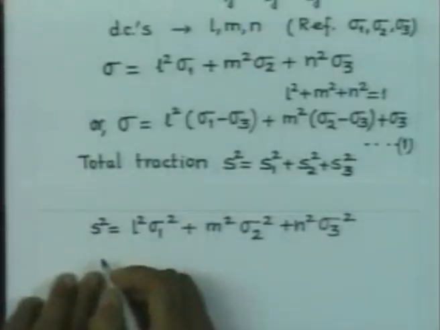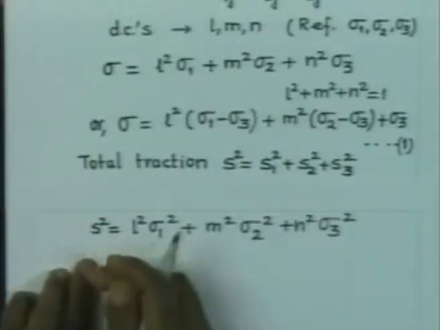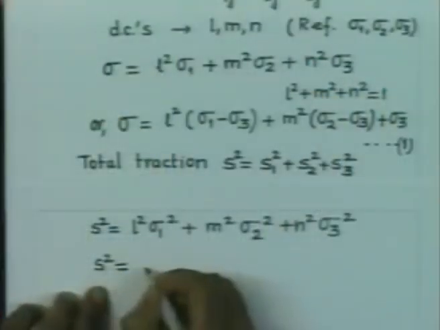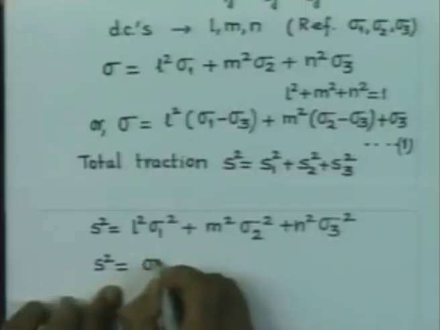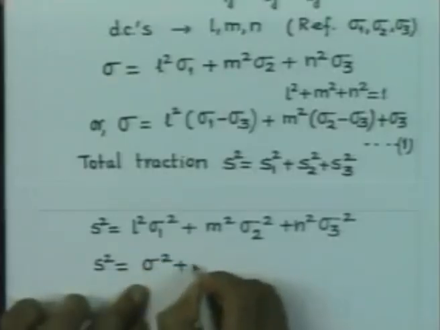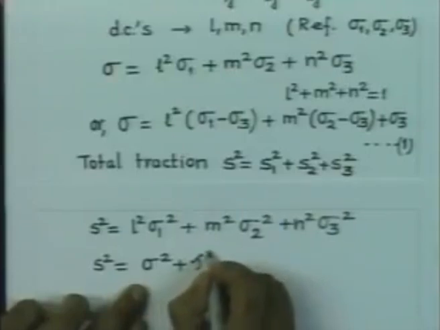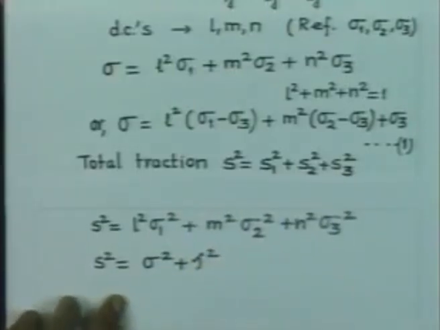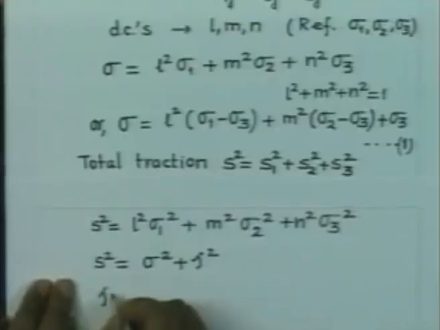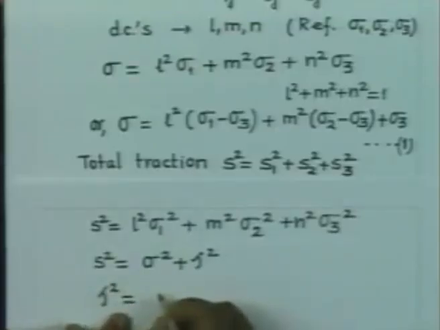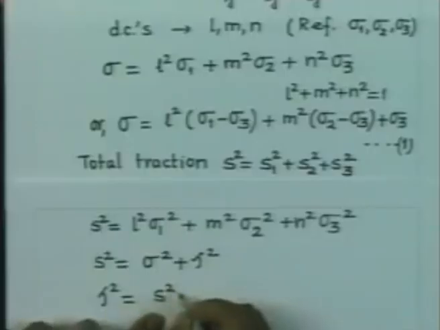Now, since the normal stress on the plane is equal to sigma, and if we consider the shear stress on the plane to be tau, then we can write S square is also related to sigma square plus tau square, and therefore tau square is nothing but S square minus sigma square.